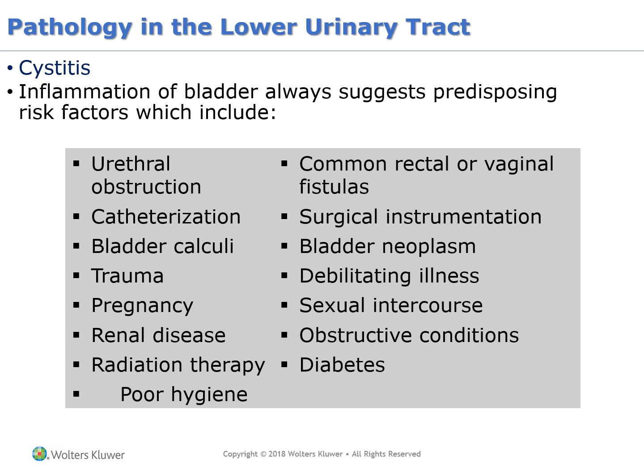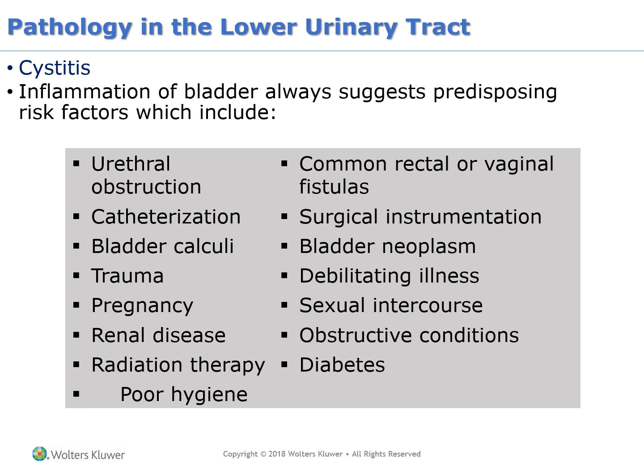Trauma to the bladder can also cause that inflammation. Pregnancy can make our body more inflammatory. It can also affect the ability to fully void, which would cause stasis and could lead to cystitis. Renal disease can also lead to cystitis, as well as radiation therapy. Both of those are going to inflame the bladder.